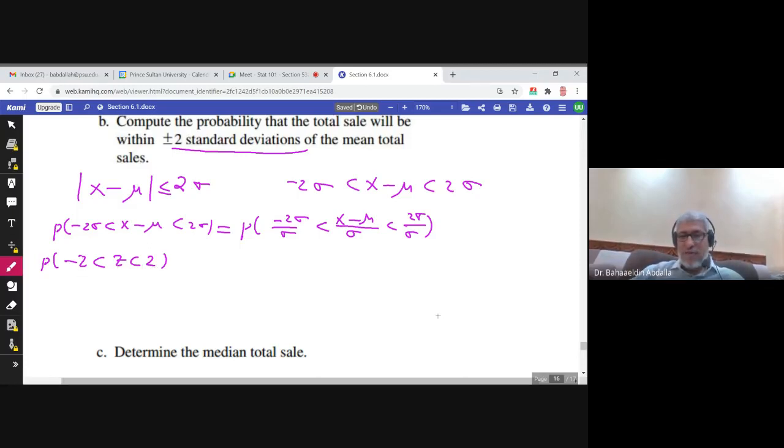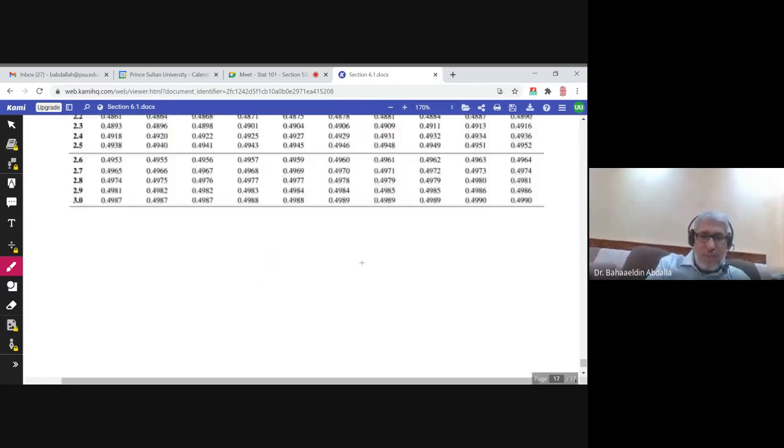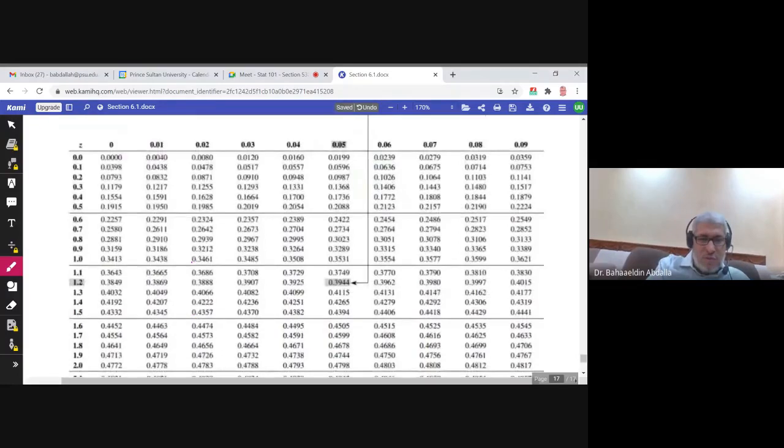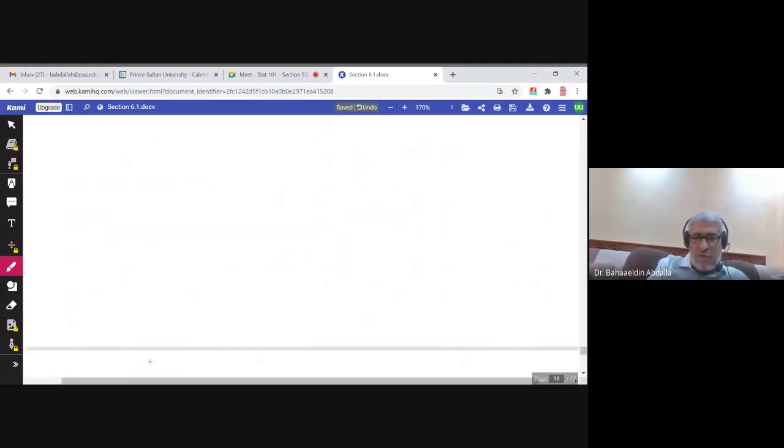If you want to find the actual percentage from the table, we need the probability from -2 to 2. We can say that it is 2 times the probability that Z is between 0 and 2. So we go to 2, this is 0.4772.